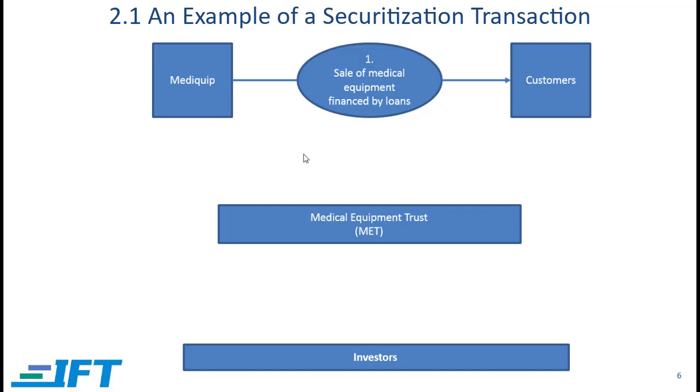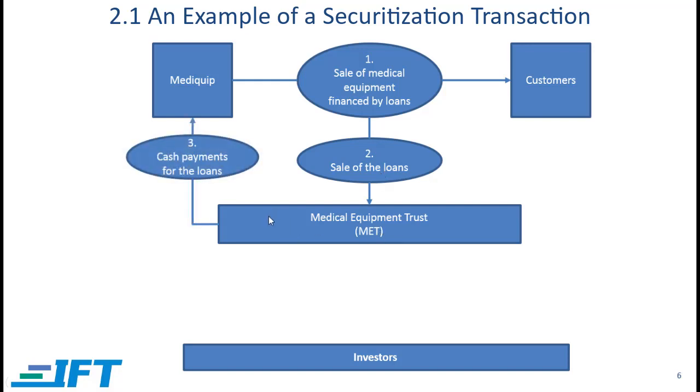So Mediquip sets up a special purpose entity called Medical Equipment Trust, MET. This is a bankruptcy remote entity. So now what Mediquip can do is it can sell those loan receivables, or essentially sell the loans to MET, and in return MET will make a cash payment for the loans to Mediquip.